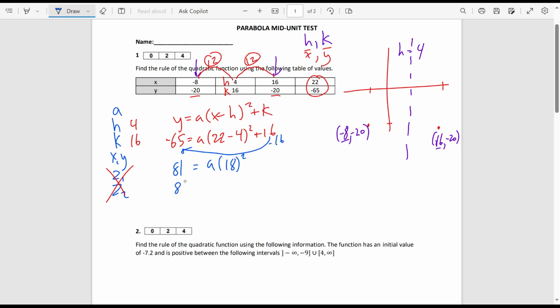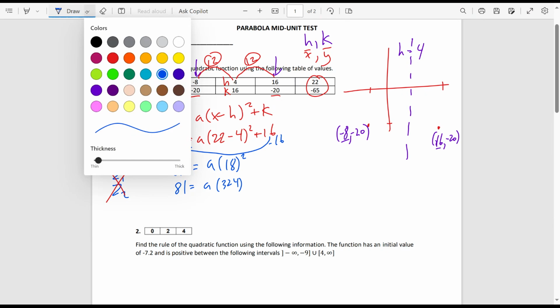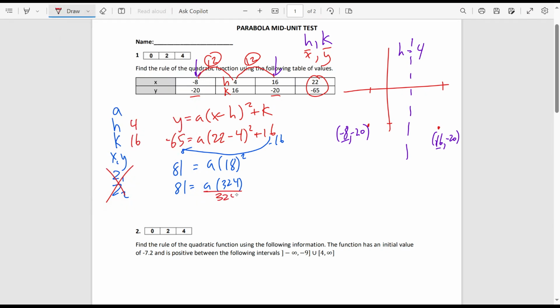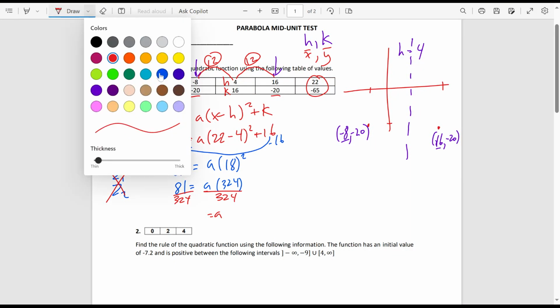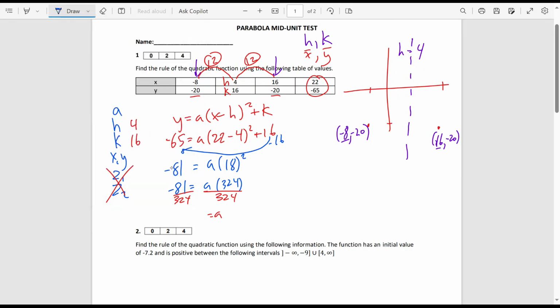Now I'm going to have 81 is equal to a times 324. And now I can just divide by 324 on both sides. a is equal to 81 divided by 324. Keeping in mind that I forgot to write in that these guys were going to still stay negative, 81 would be negative.